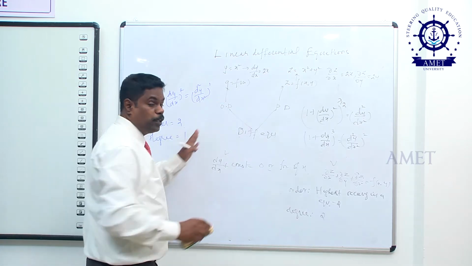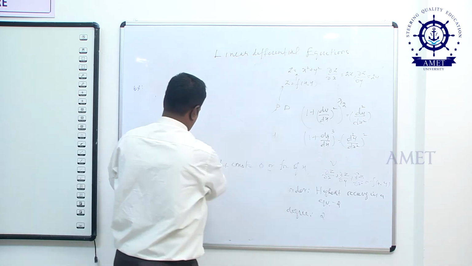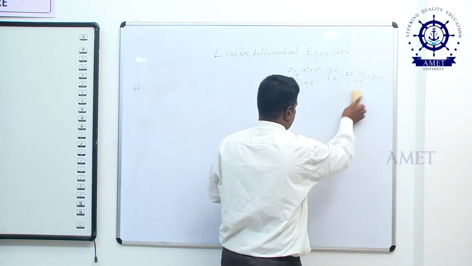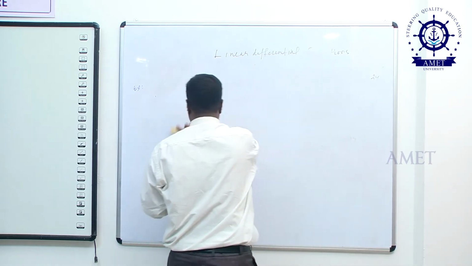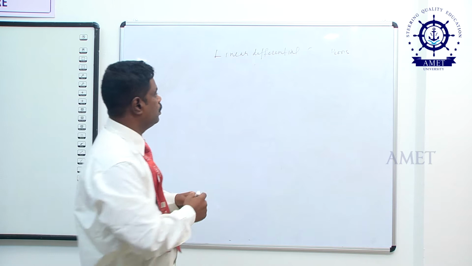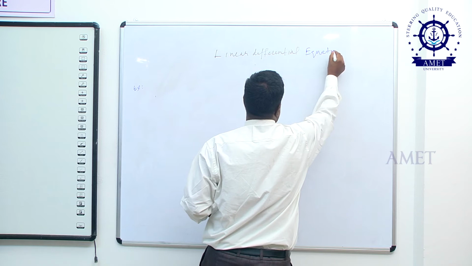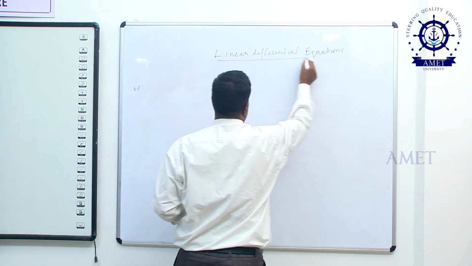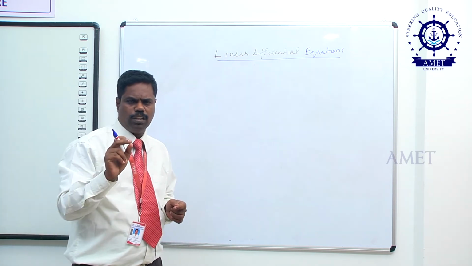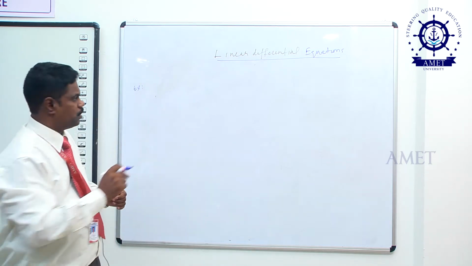Now we will go on. This is a prerequisite of linear differential equations. A linear differential equation means that, whatever the order is, if the degree is 1, it is called a linear differential equation.